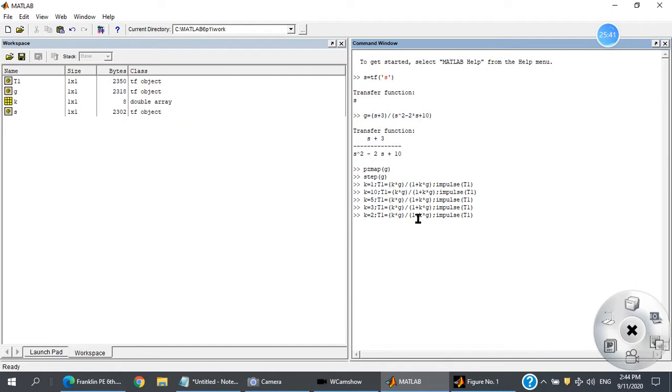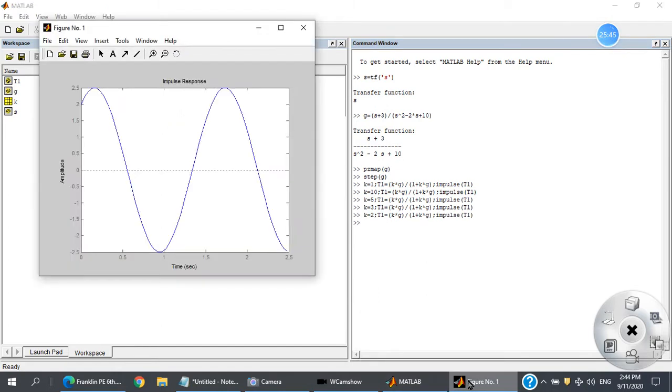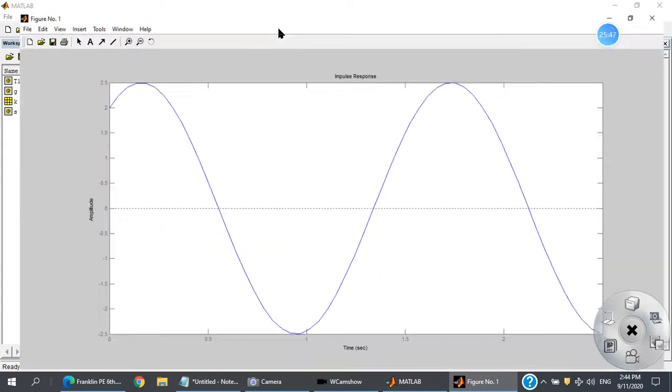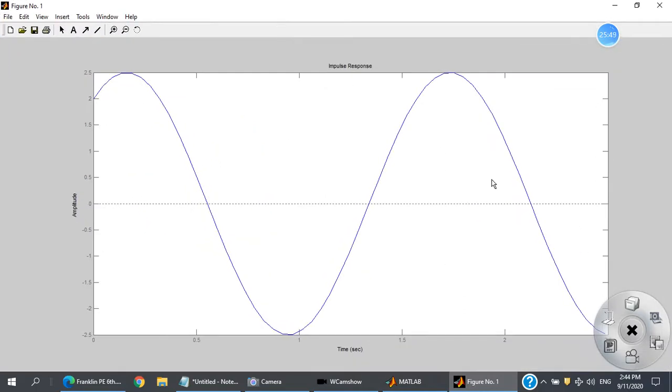Now the feedback gain is 2. Yeah, I get it. You see? So this one is a marginal case. That means when k is 2, the system is in the marginal stable case. And then we can find the period from this one.